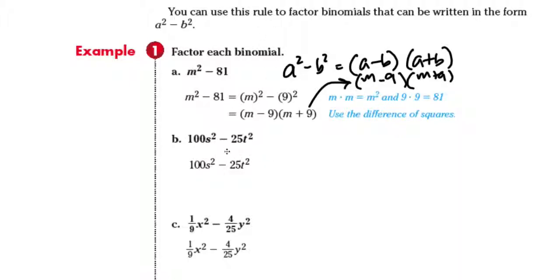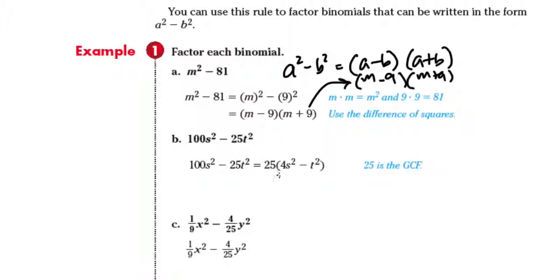Next, 100s squared minus 25t squared. Again, in factoring these types of polynomials, first we need to look for the GCF, or the greatest common factor. The greatest common factor in 100s squared minus 25t squared is 25.